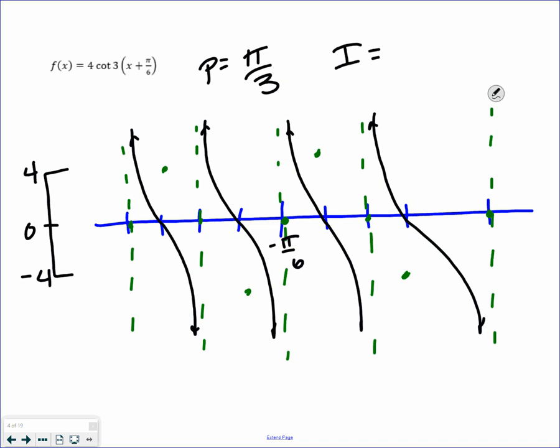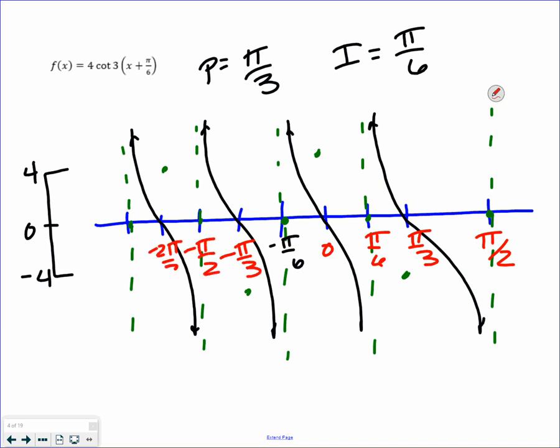And so in this case, dividing it by 2, we'd end up with pi over 6. So I'm going to add pi over 6 each time along here. So if I add pi over 6, add pi over 6, going to the right, subtracting pi over 6, to fill out the graph.